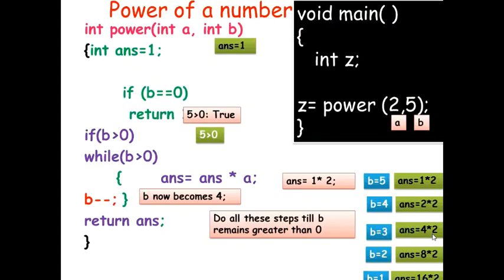Now b becomes 0 because of b minus minus, and it is going to come out of this loop. When it comes out of this loop, it has to return answer. The answer it is going to return is this 16 into 2. This 16 into 2, it returns to z, and z now has the value of 16 into 2, that is 32, which is 2 raised to 5.